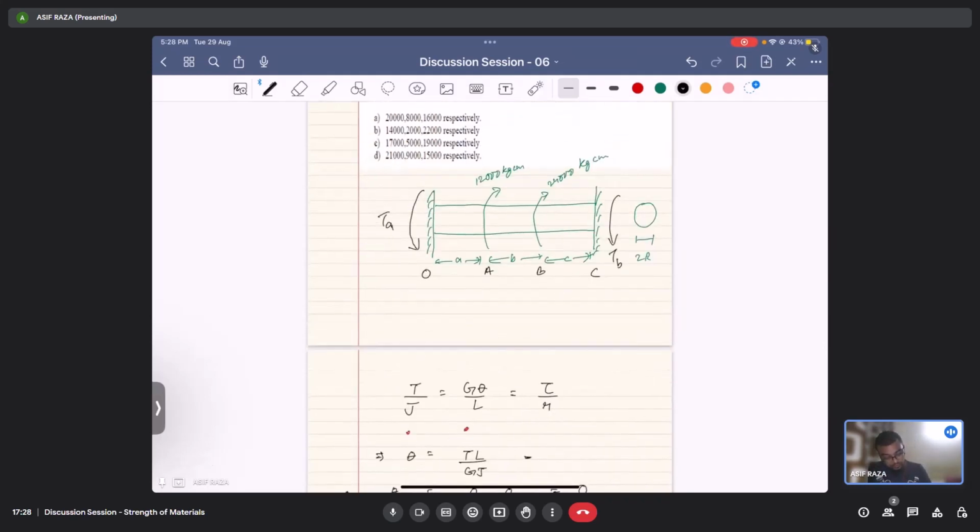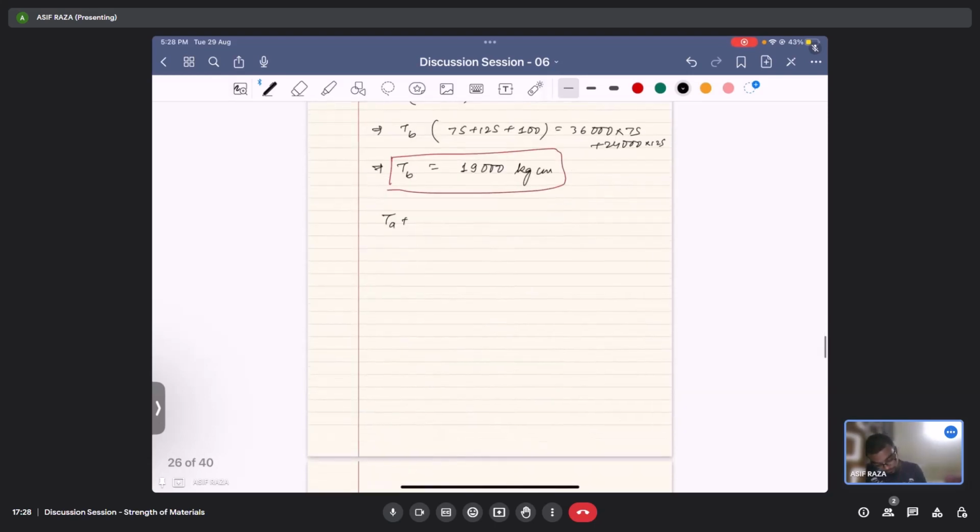TA plus TB would be equal to 24,000 plus 12,000, and TA would be equal to 36,000 minus TB, that is 36,000 minus 19,000.